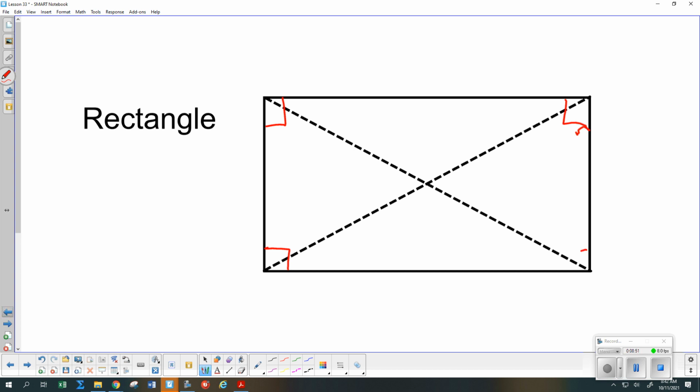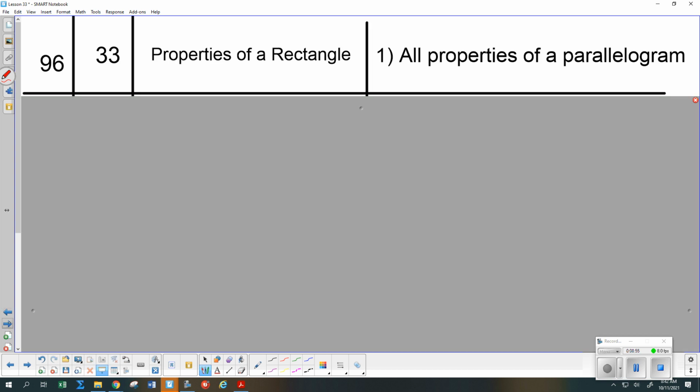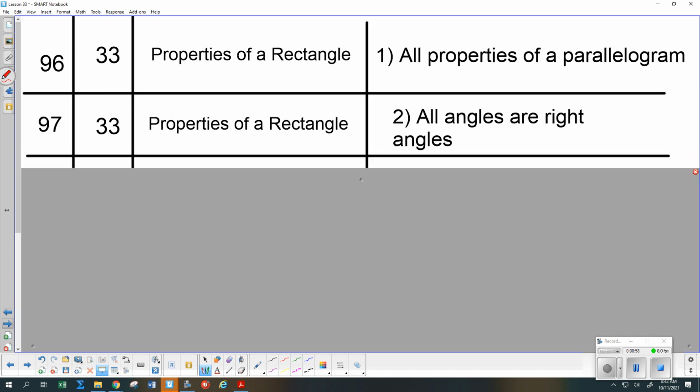If one is 90, the other one has to be 90, so that they add up to 180. So our next property of a rectangle is that not just 1 by definition, but all 4 angles have to be 90-degree angles, which is basically what you've known since kindergarten, 1st grade, whether you use 90 degrees or not. You knew that about the shape of the angles.